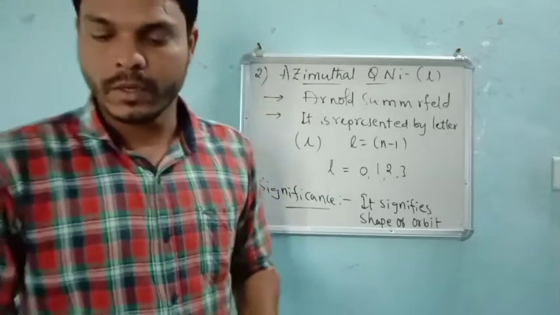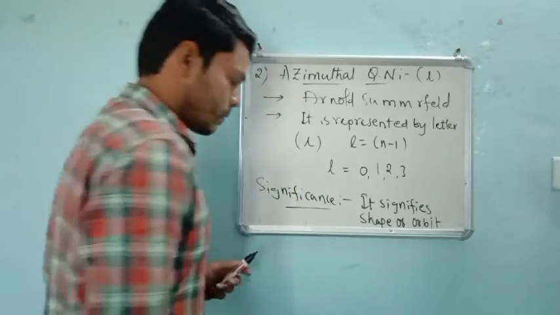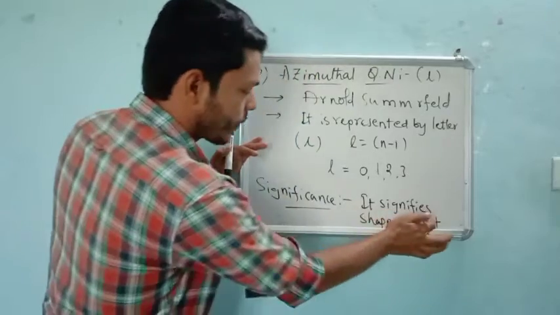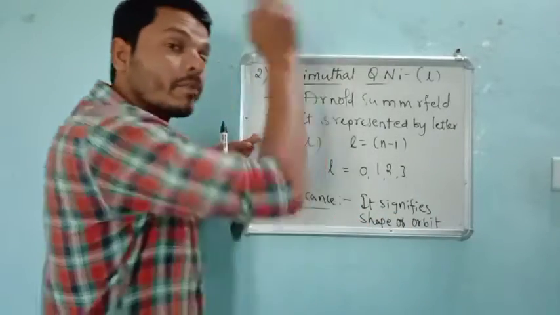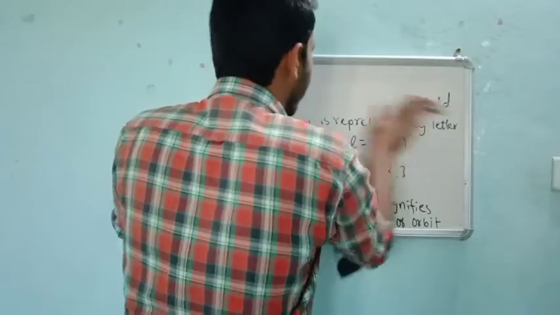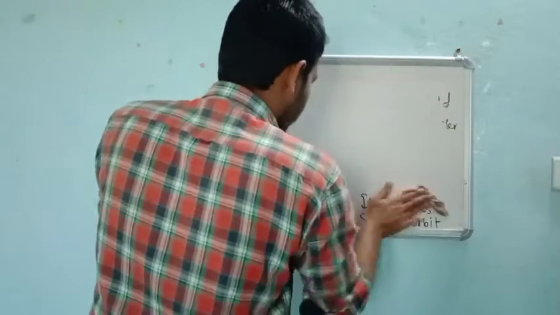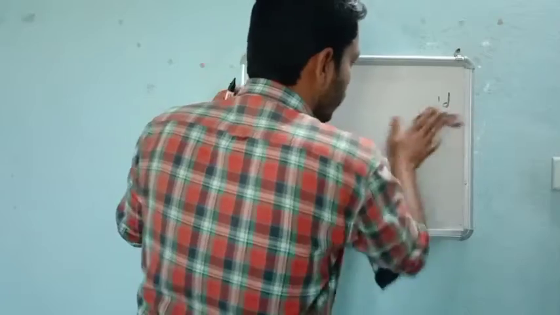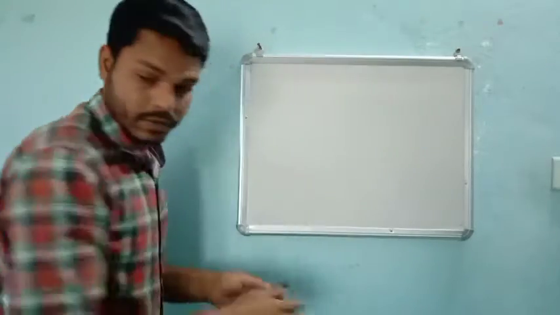So it signifies shape. But the principal quantum number signifies size and energy. Don't forget.